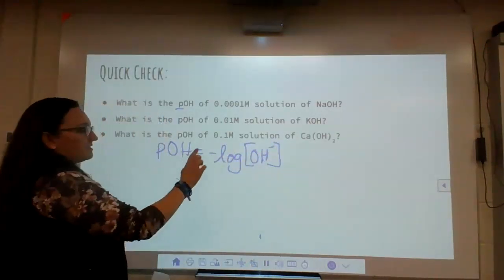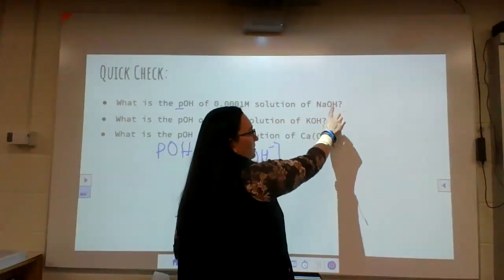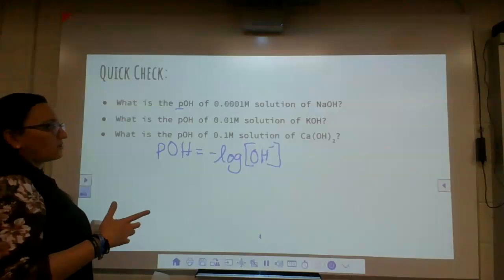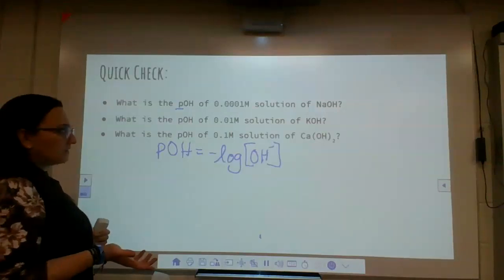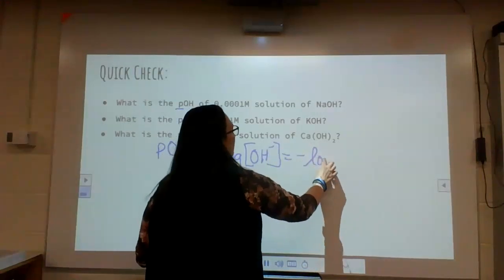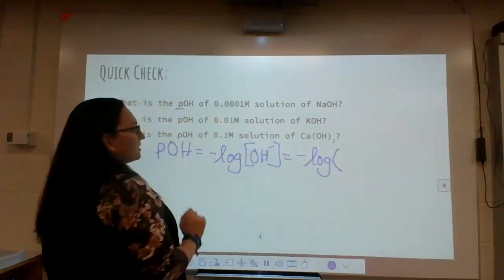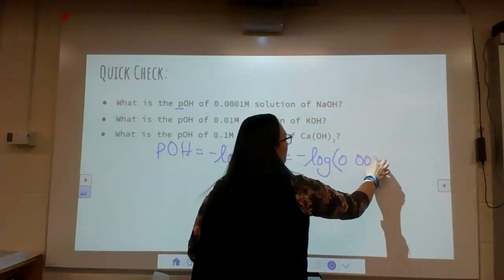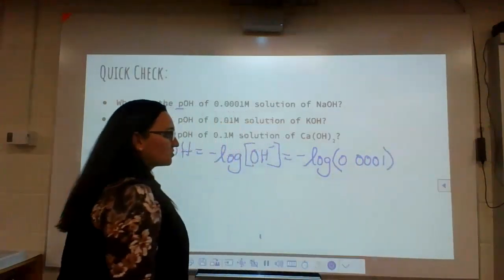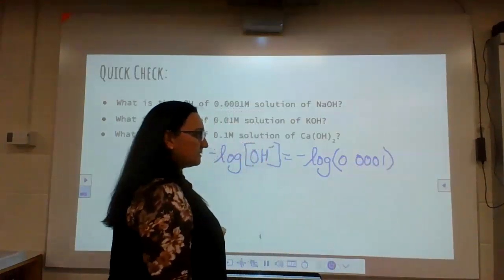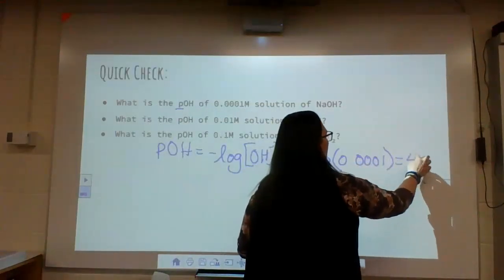And in this case, I have NaOH, and so I produce one hydroxide ion for every time it dissociates. And so this will be equal to the negative log of 0.0001. And using my shortcut, I count 1, 2, 3, 4 places, and so the pOH will be equal to 4.